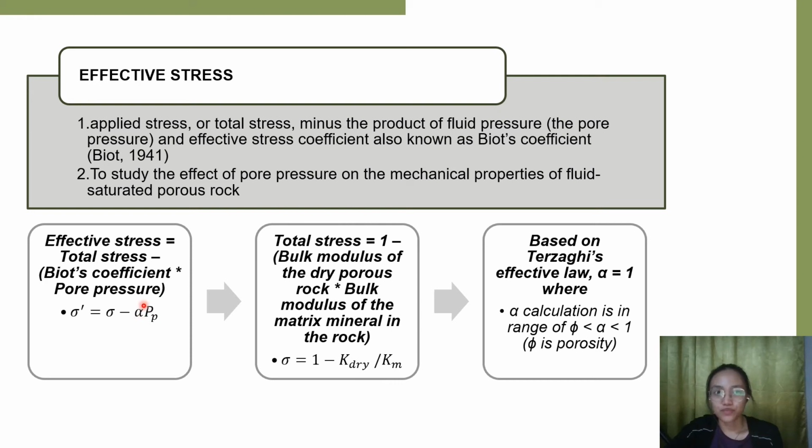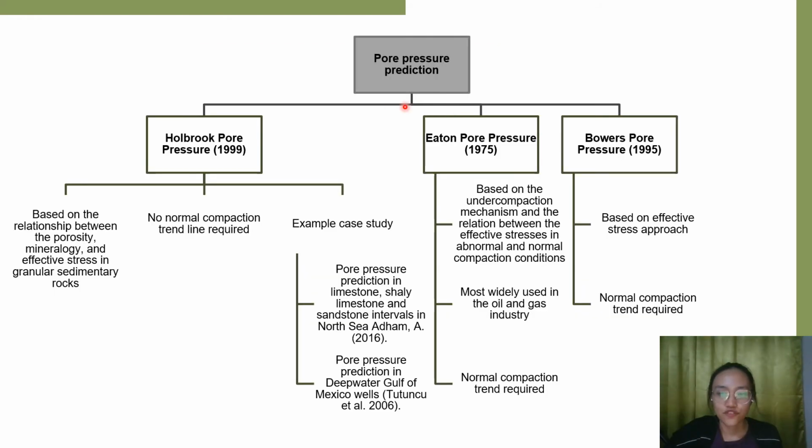And for pore pressure predictions, for the next slide, I will show a few examples of methods to predict the pore pressure. There are a few other methods that I found in the books and papers for pore pressure prediction. However, I will share only these three just to see the differentiation. First is Holbrook, Eaton second, and the third one is Bowers. Basically, Holbrook pore pressure doesn't require the normal compaction trend. I also show some example case study that uses the Holbrook pore pressure.